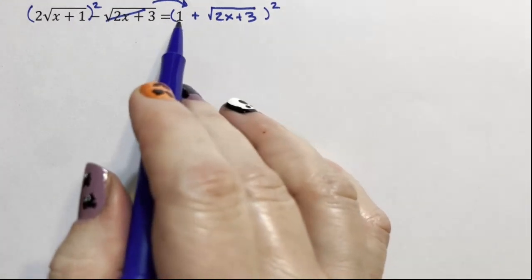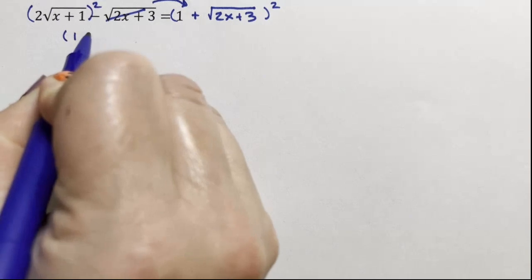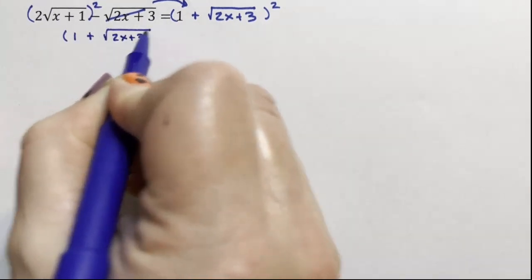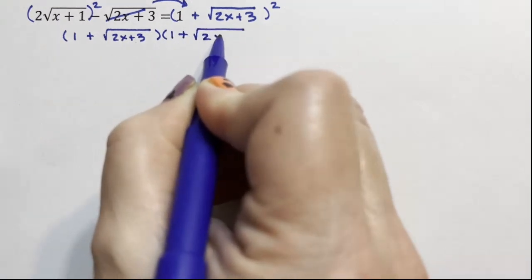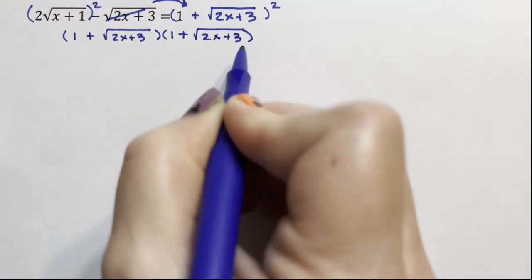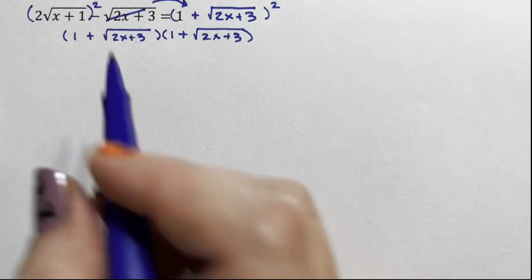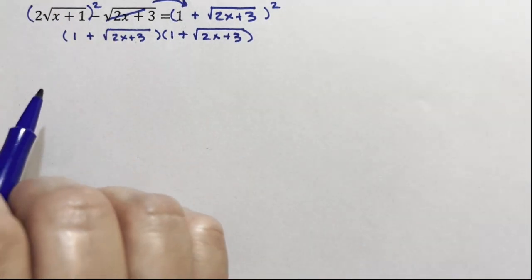And when I square this side, what I'm really going to have is 1 plus the square root of 2x plus 3 times 1 plus the square root of 2x plus 3. And I rewrite it like this to make sure I don't miss any terms. And I'm leaving a little space because I'm going to square this at the end.